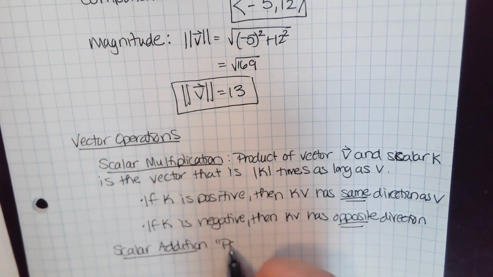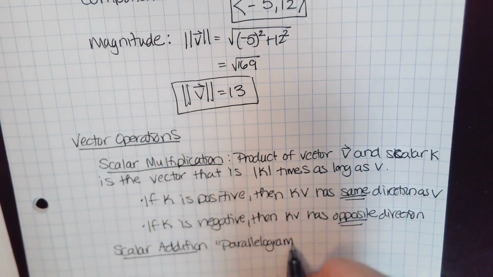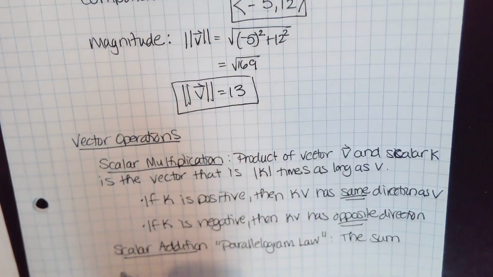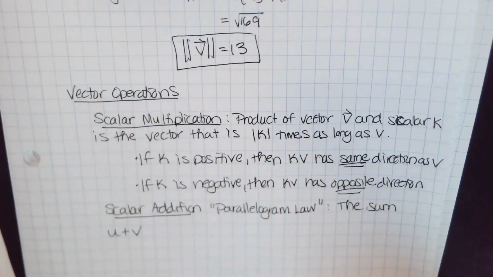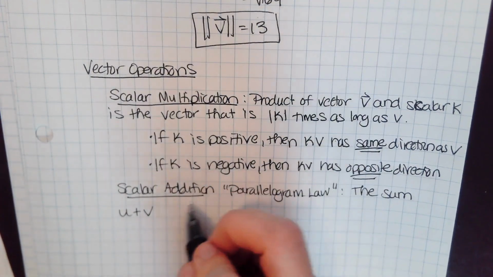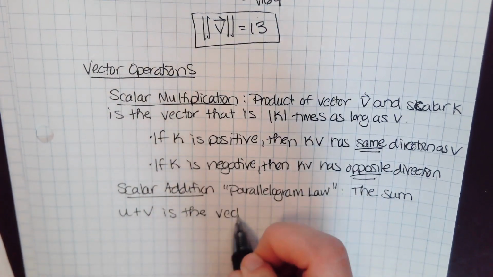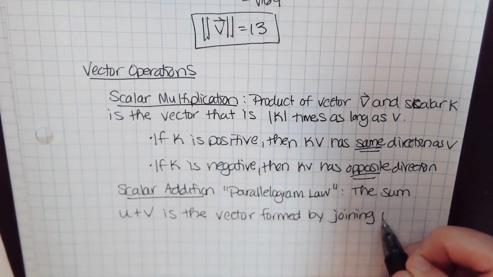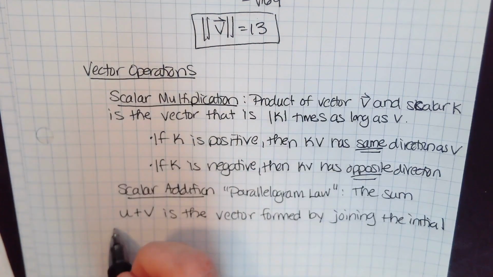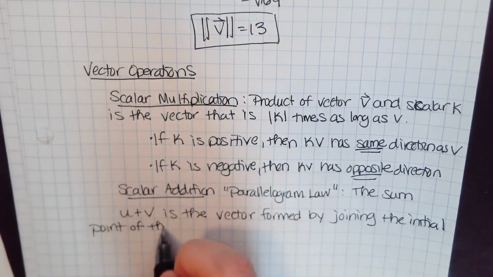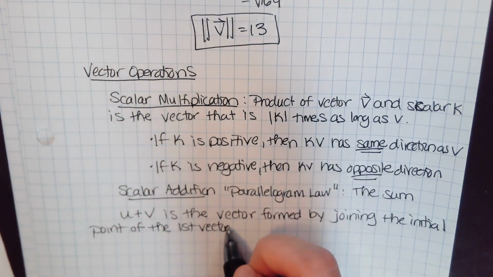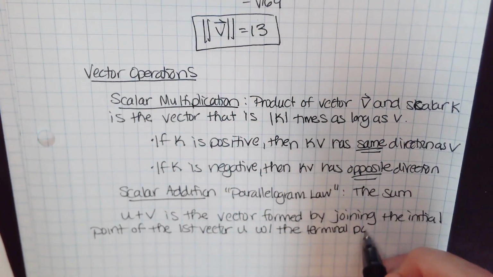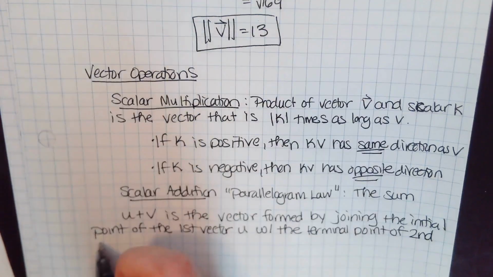And then vector addition, also known as your parallelogram law, tells us the sum of u plus v, so of two vectors, is the vector formed by joining the initial point of the first vector with the terminal point of the second vector.